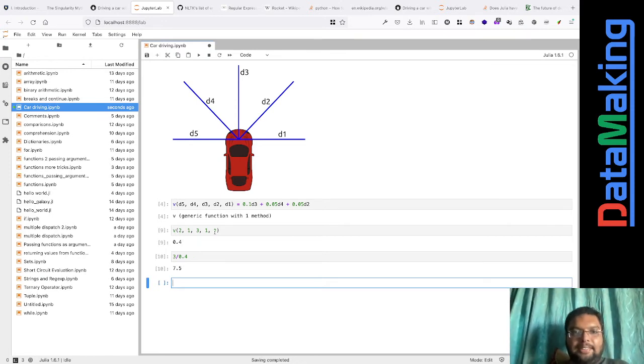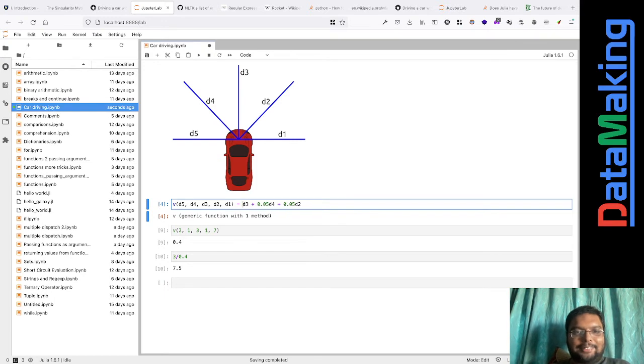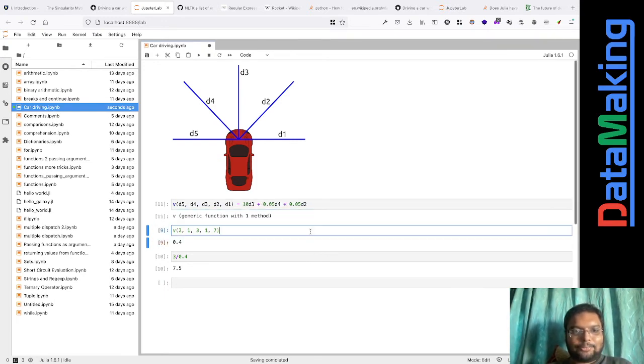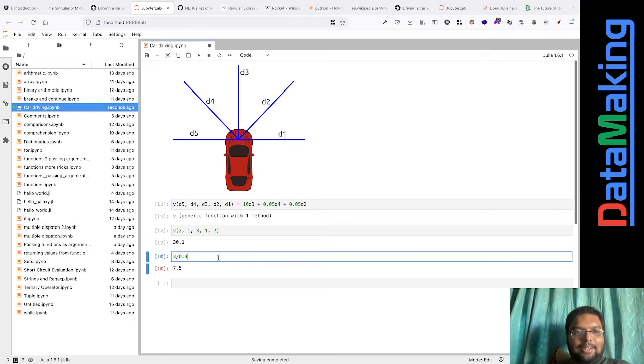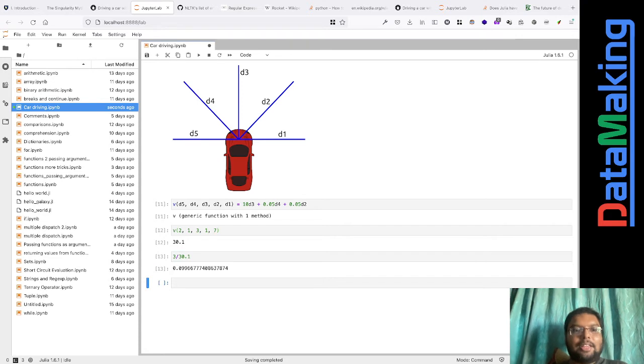Let's say now the velocity is 10 times d3. Now the car crashes before anything could react. It's just going to crash in 0.1 seconds. Okay, sorry.